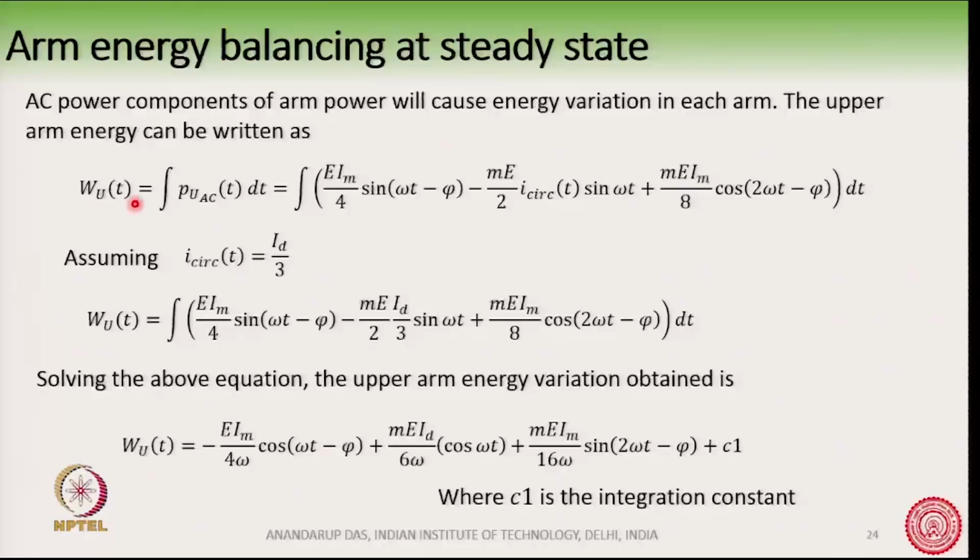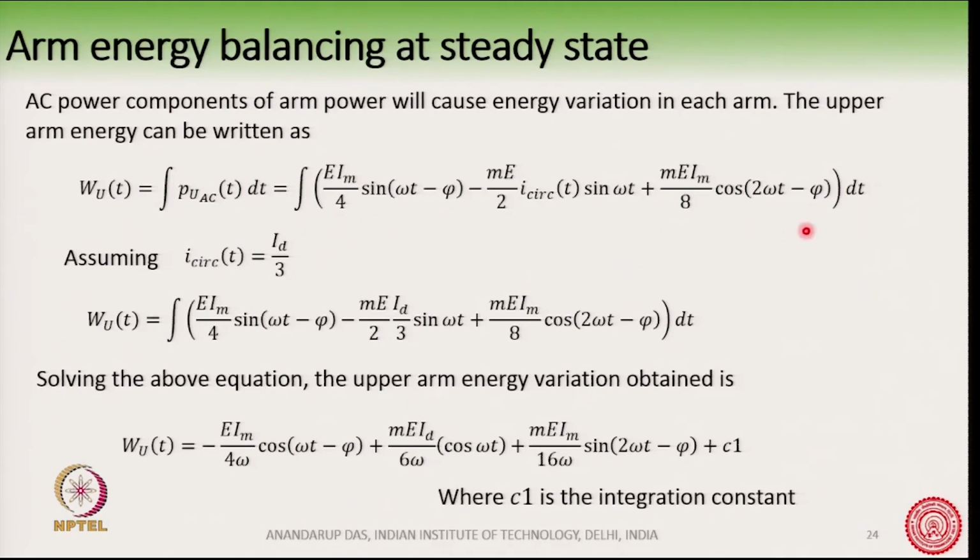The upper arm energy variation can be written as the integral of P u AC component. I can integrate this expression, which is the AC component of the power that we had earlier obtained.